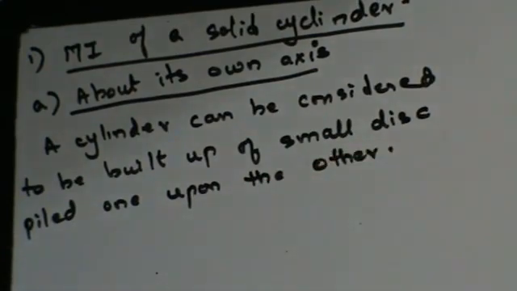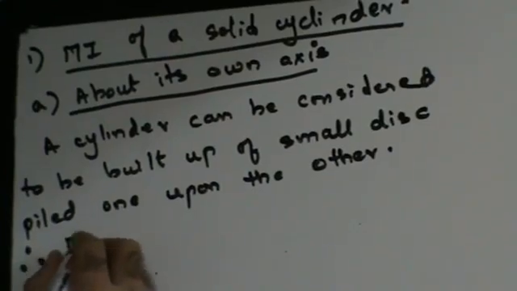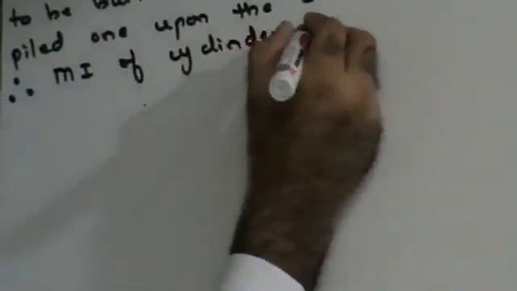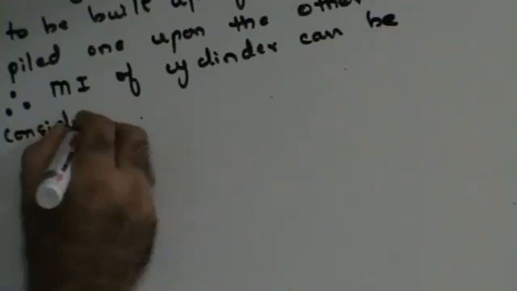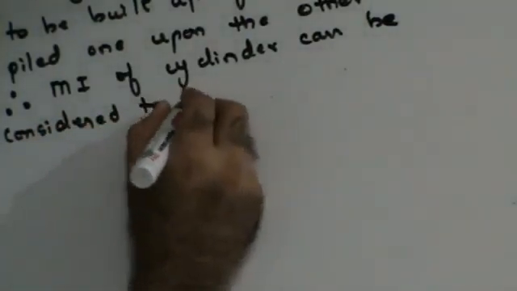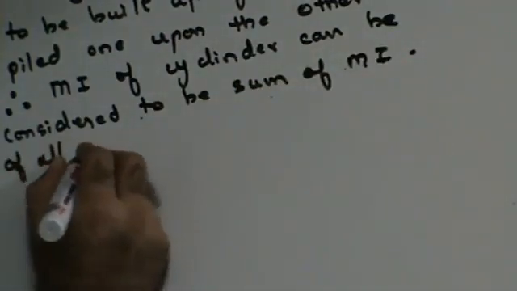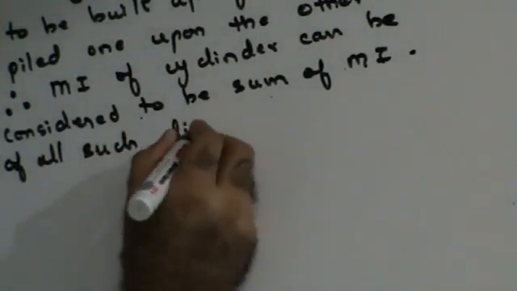Therefore, I can say that the moment of inertia of the cylinder can be considered as the sum of the moment of inertia of all such discs. Right? Do we get this in clear?